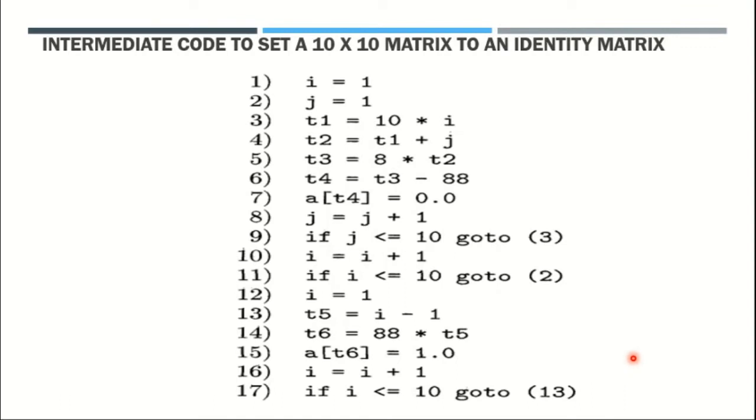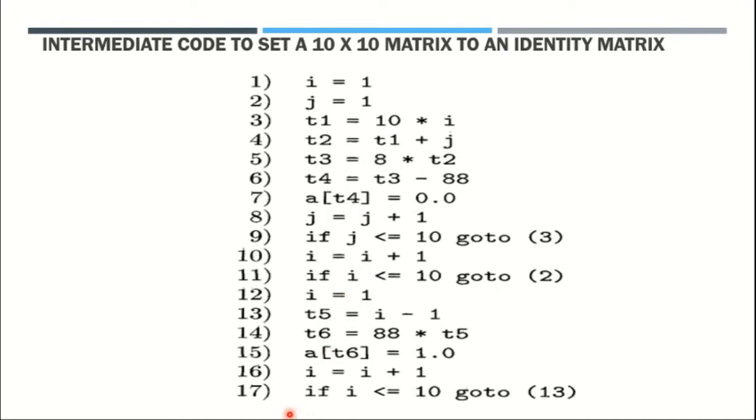From rule 3, what is rule 3? Any statement that immediately follows a conditional or unconditional jump. Here the 9th one is a conditional or branching statement, so the 10th one is a leader. The 11th one is also a conditional statement, so the 12th one is a leader. So these two are also leaders as per rule 3.